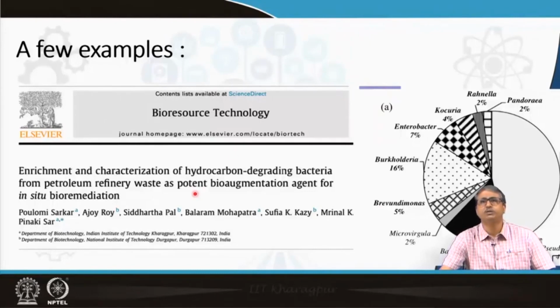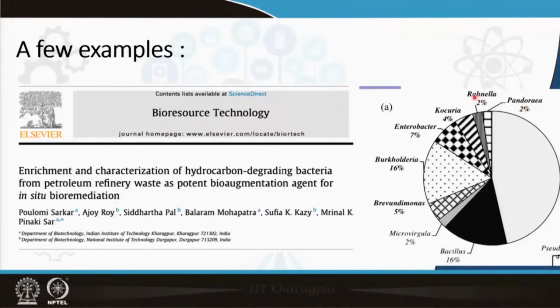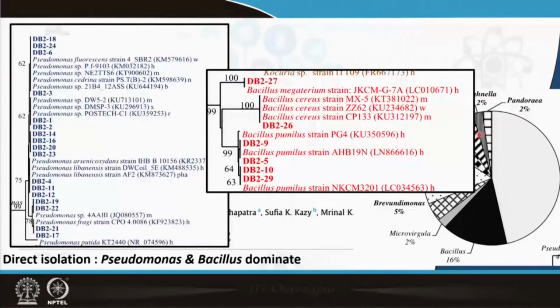And what we observed is that when we adopt this enrichment based process, a number of different organisms are obtained. These are the names of the taxa or the genera. As you can see, a number of species belonging to different genera were obtained.